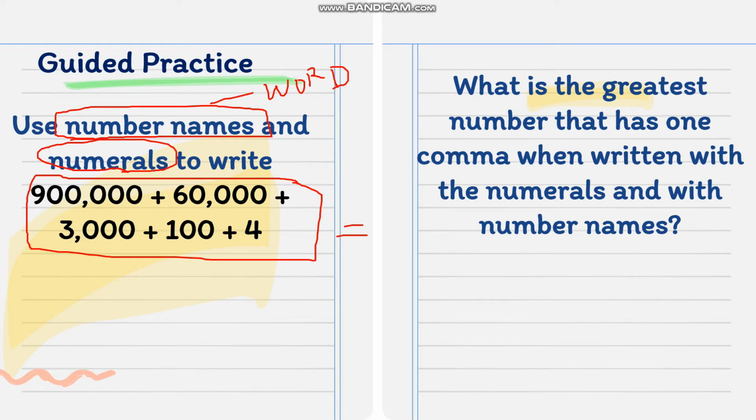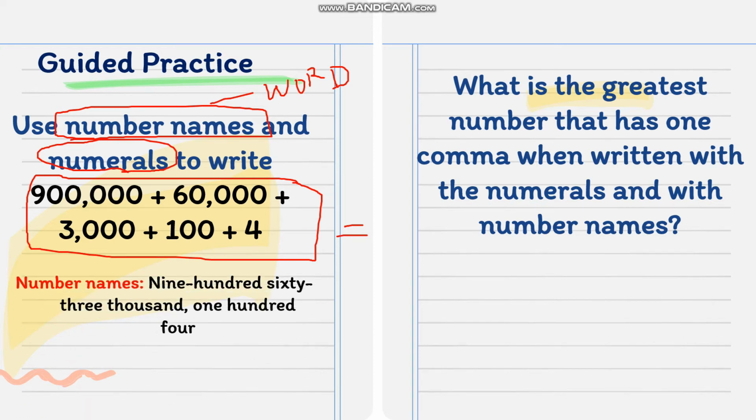So 900,000 plus 60,000 is 960,000 plus 3,000, we have 963,000 plus 100, 963,100 plus 4. So that's why the answer is 963,104. And if we're going to write this into numerals or standard form, it should be 963,104. Okay, so again, in the number names or word form, do not use the word and, use comma.